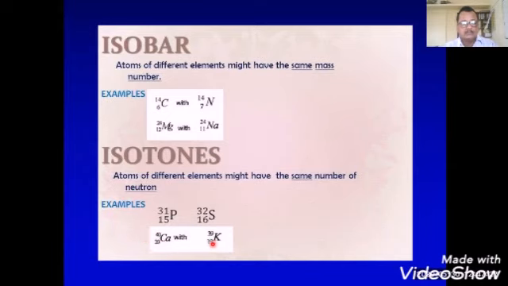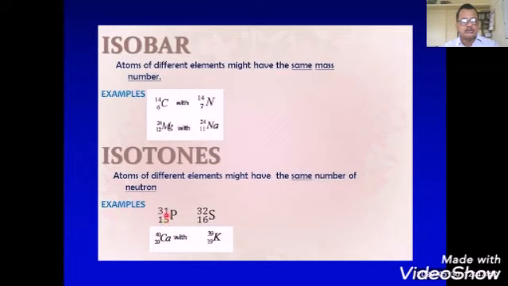And here the atomic number is 19. Mass number is 39. So it should be written as potassium K. Okay. So here we discussed there are 20 neutrons. Here there are also 20 neutrons. So these two represent isotones.